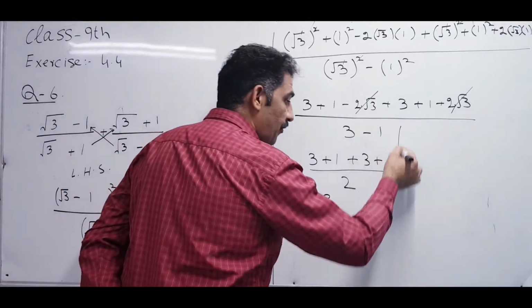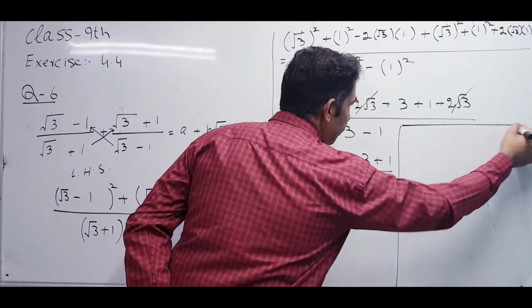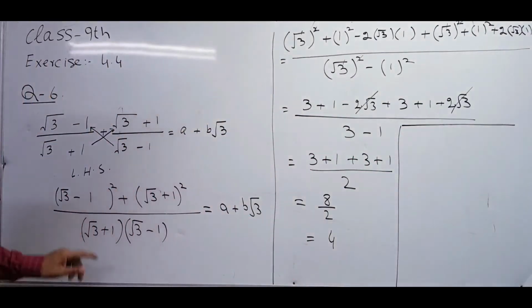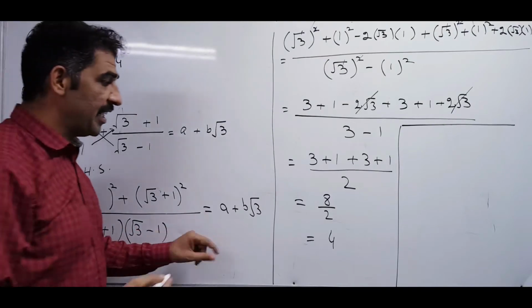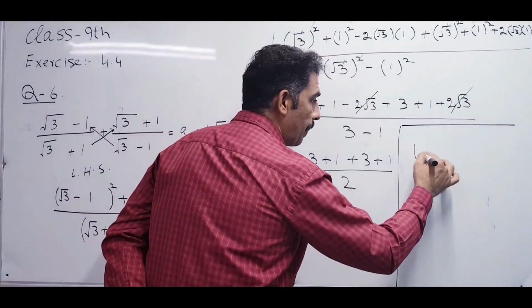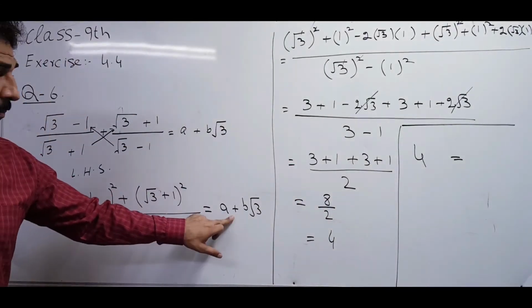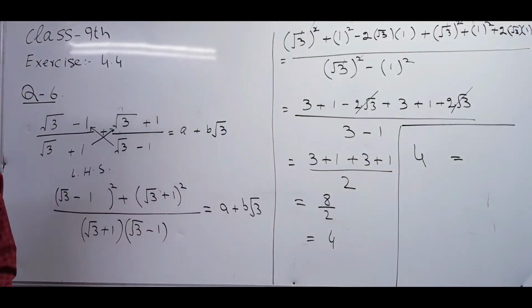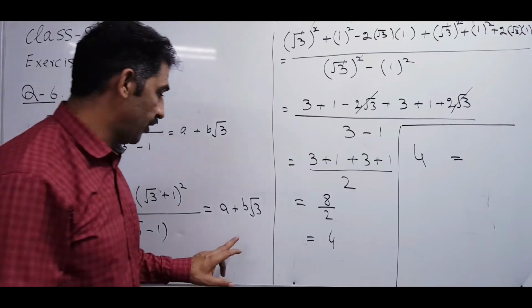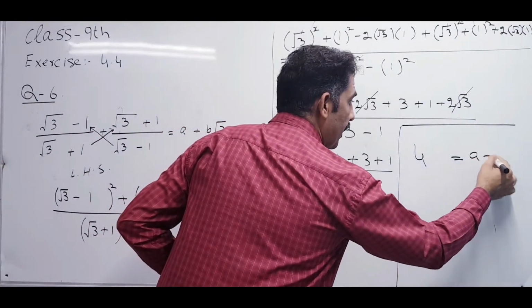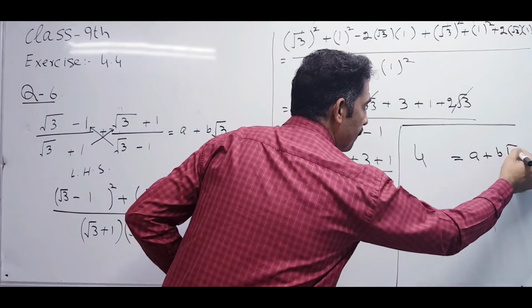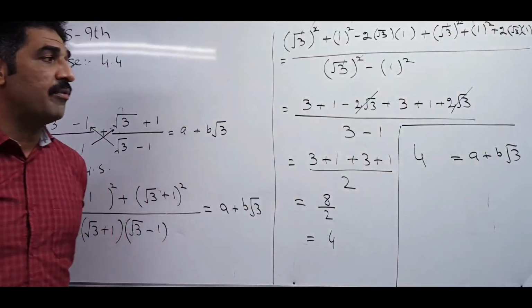So what is the value of a and b? Now in the left hand side, when we simplify completely, we get the answer 4. And what is the right hand side? The right hand side is a plus b into root 3, or square root 3. A plus b. So students, how can we get this value?